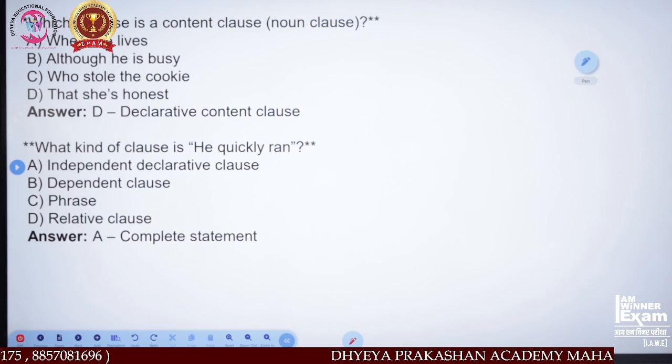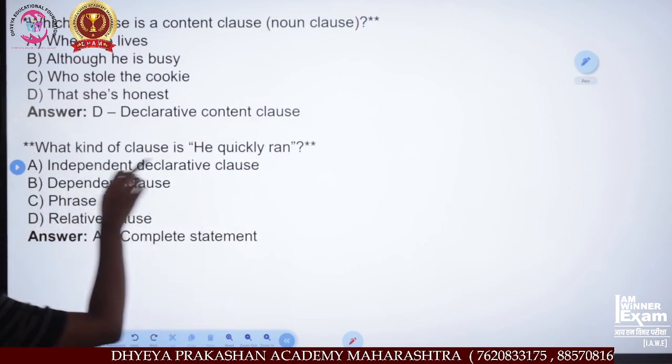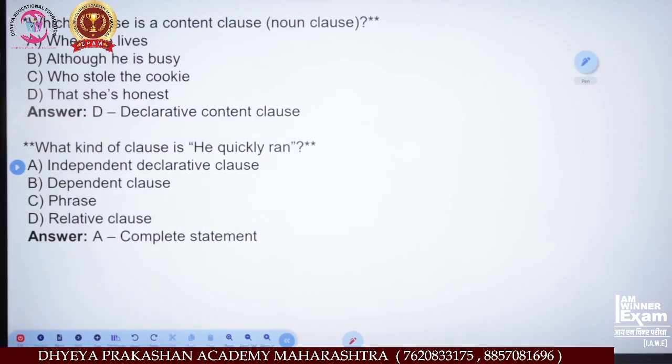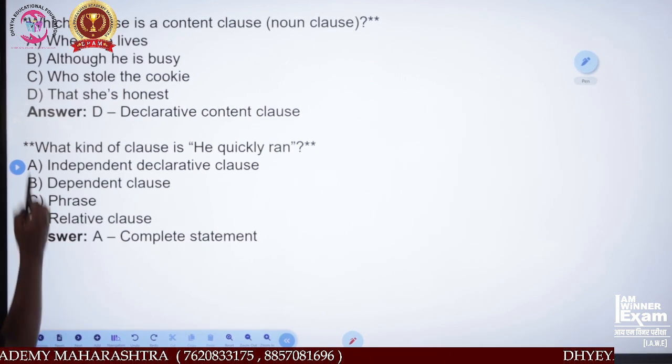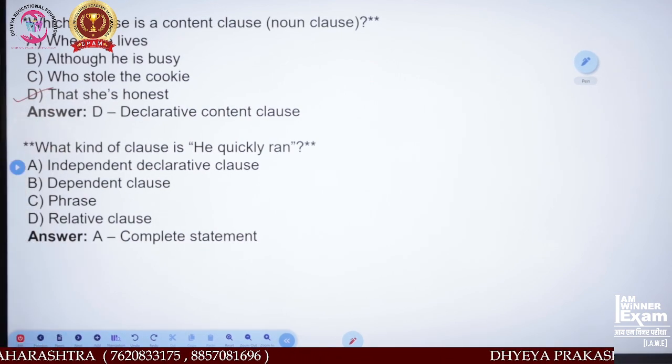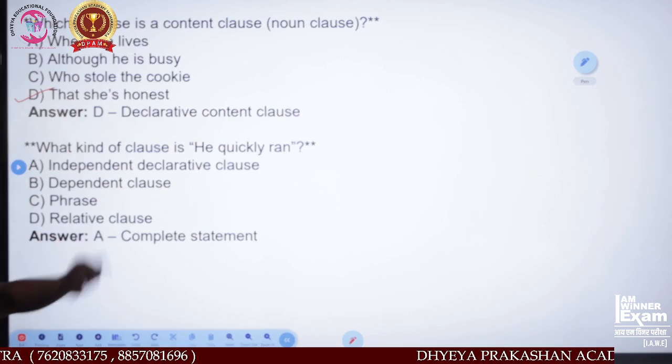Then next, which of these is a content clause? Means noun clause. So, "where he lives, although he is busy, who stole the cookie, that she is honest." So option number D, "that she is honest." Why?